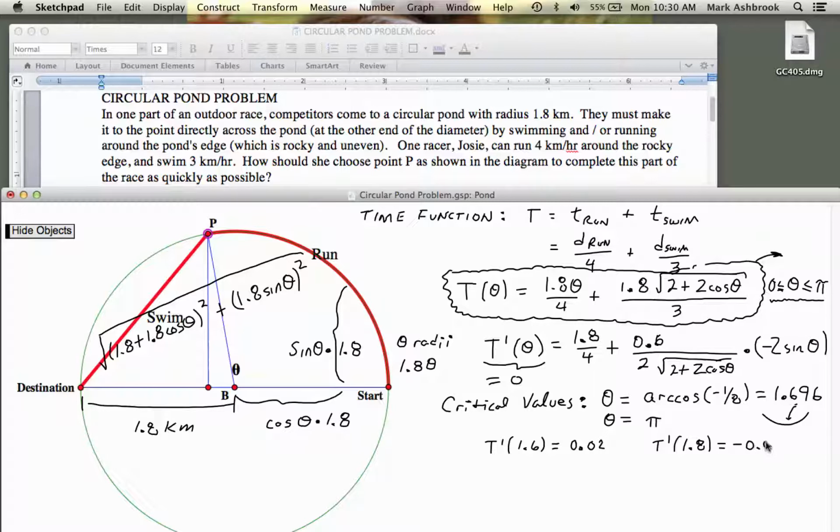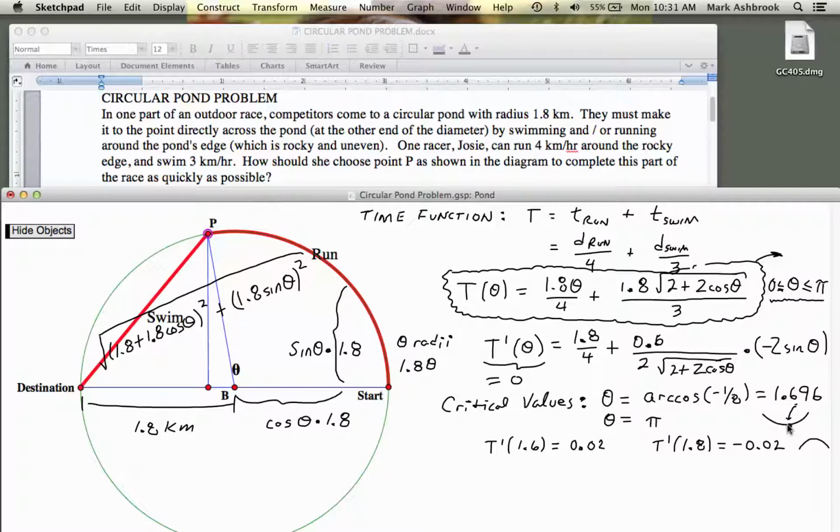So what's happening here? What kind of critical value do we have at 1.696? Well, this would indicate that the function is increasing and then decreasing. So really the situation we have at 1.696 looks like this.